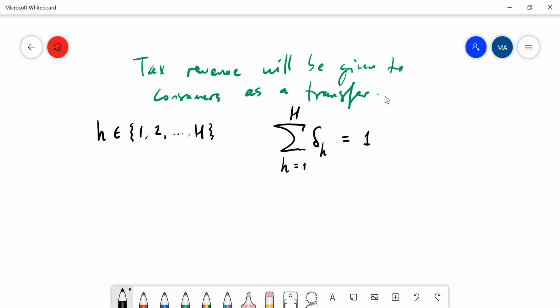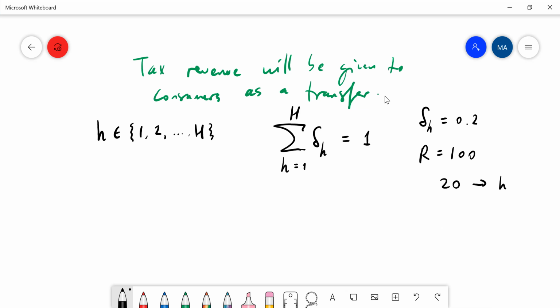So delta H will be the share of tax revenue that the household H receives as transfer. If for instance delta H is 0.2 and in total there is a tax revenue of, let's say, 100 units, then 20 units goes to H.